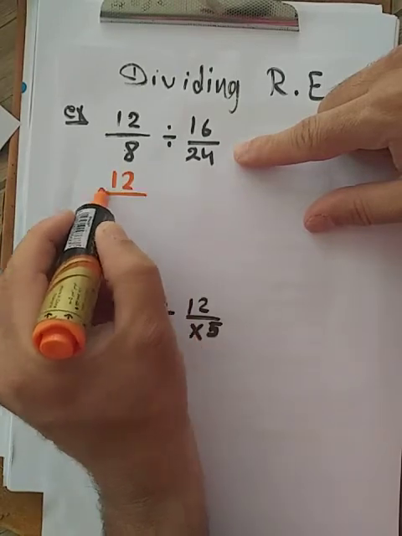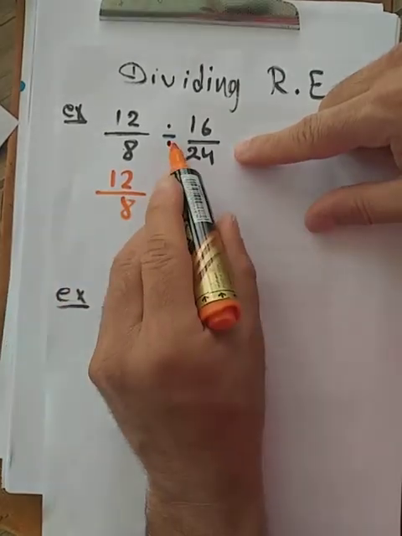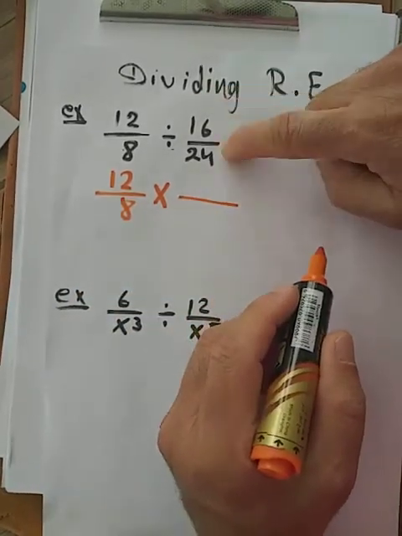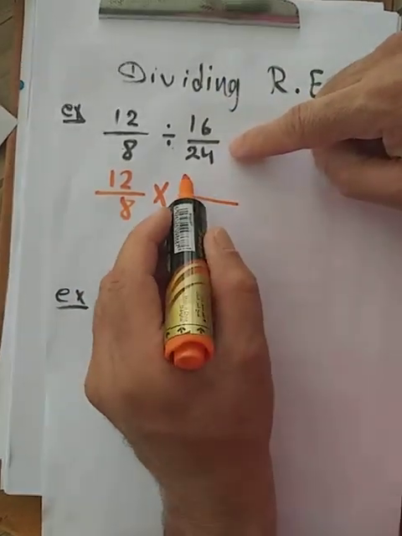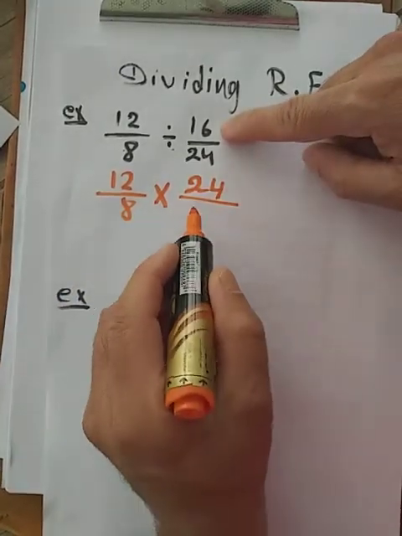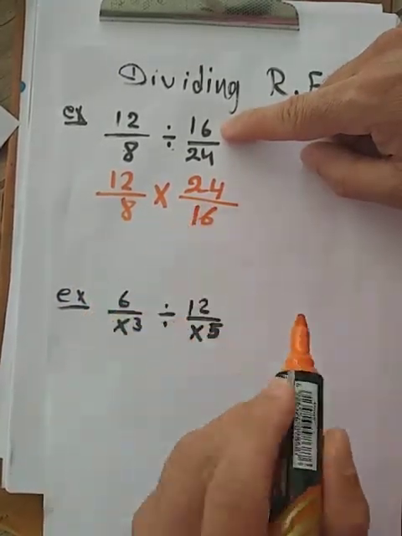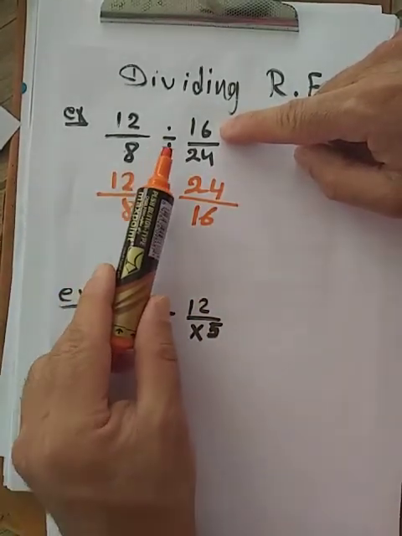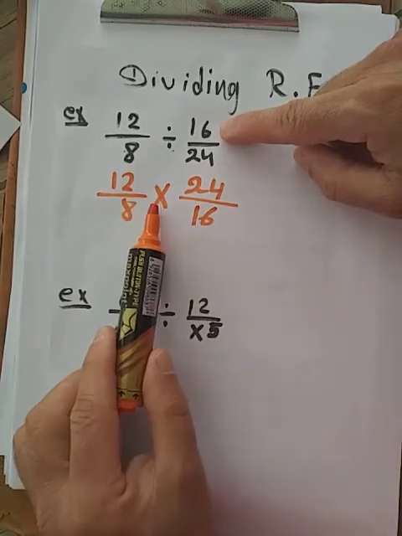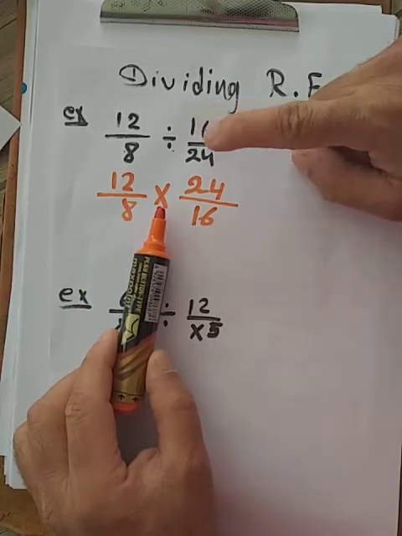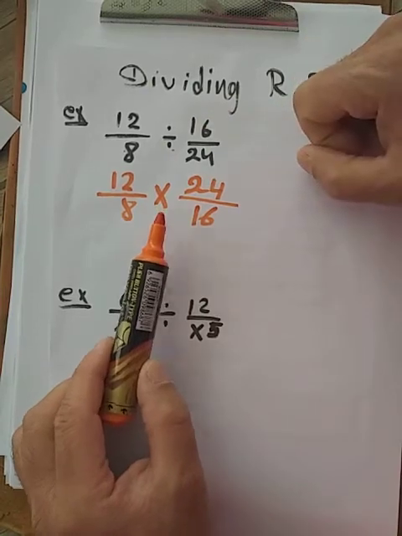Step 1, we change division to multiplication, but take the reciprocal of this one. What does reciprocal mean? We write the denominator in the numerator and the numerator in the denominator.